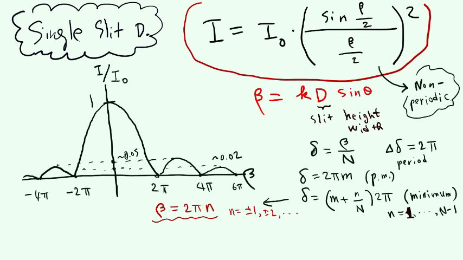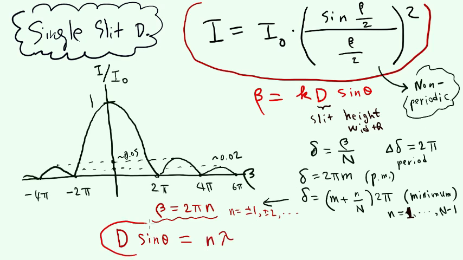And let's write this in the form that involves lambda, just as before. k equals 2 pi over lambda, so the 2 pi cancels out, so that means the minimum condition is D sine theta equals n lambda.